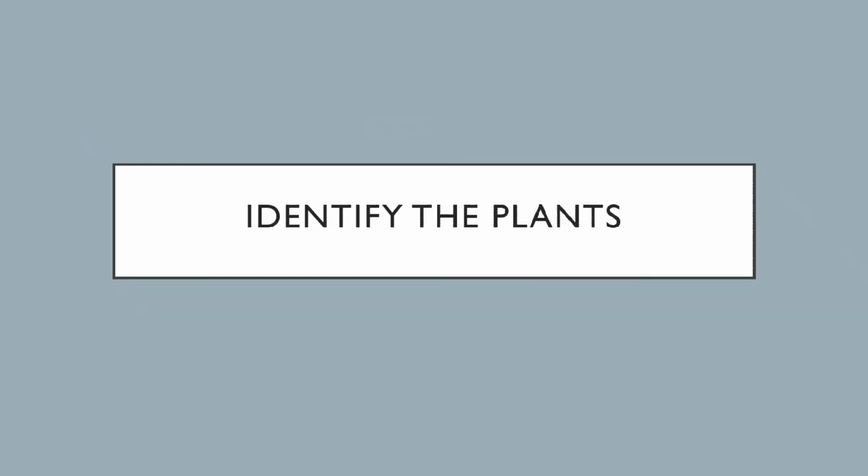Okay, let's have a game. Let's identify the plants, whether it grows in the land or in the water. Your answer must be land or water, and I will give you 10 seconds to decide.